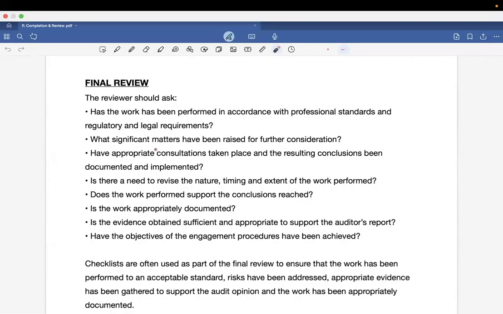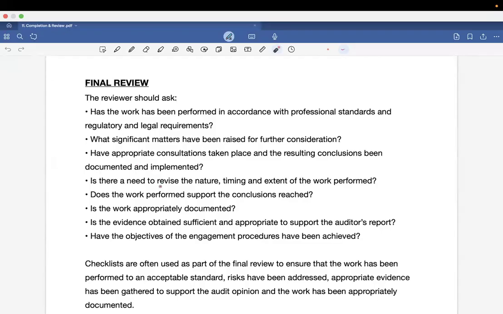Second one, we're going to discuss whether there was any issue that came to notice while the audit was being performed. Then the senior is going to ensure that for those issues, consultations have taken place on a regular basis. He's also going to ensure that these have been documented and that whatever the consultation advice was, it was actually implemented.